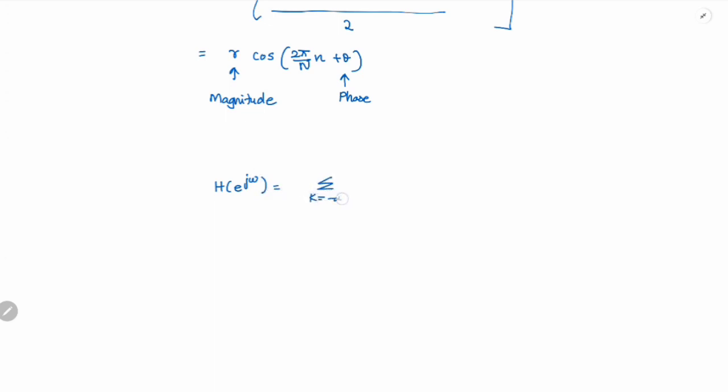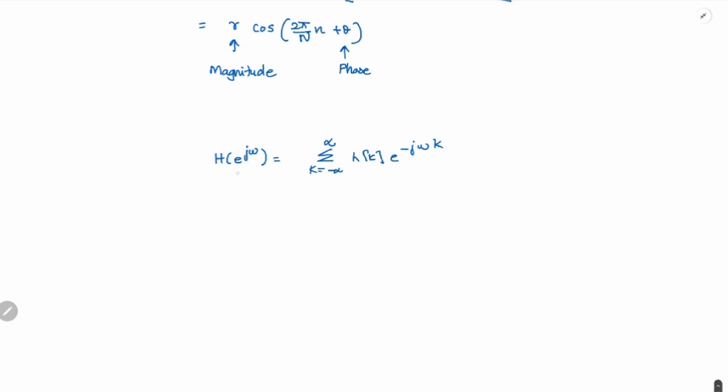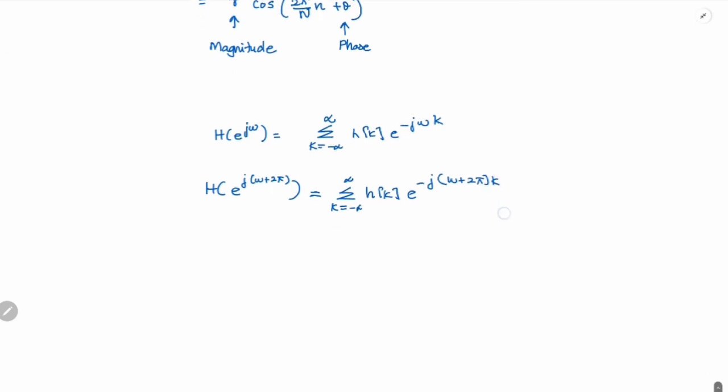Summation k equal to minus infinity to infinity h of k e power minus j omega k, right? So it is actually periodic with periodicity 2 pi in omega. If I write omega plus 2 pi, this is nothing but summation k equal to minus infinity to infinity h of k e power minus j (omega plus 2 pi) k, right?